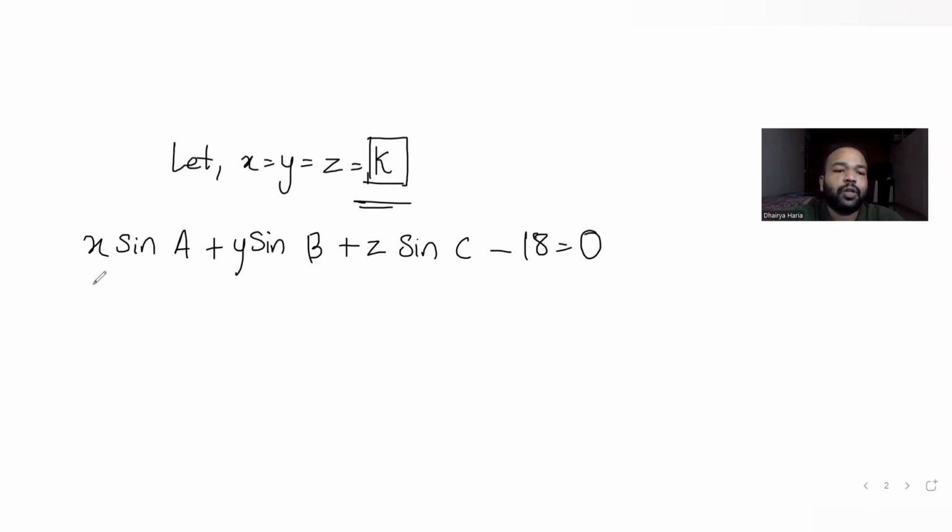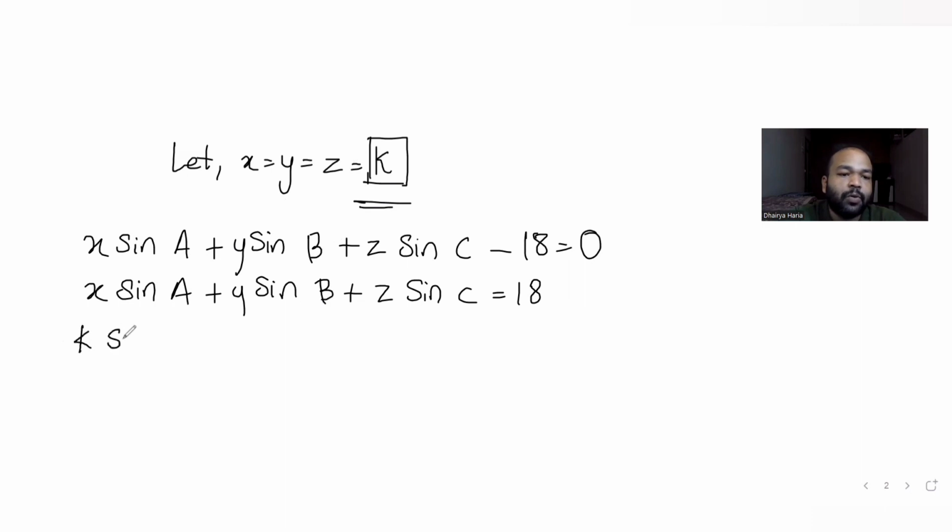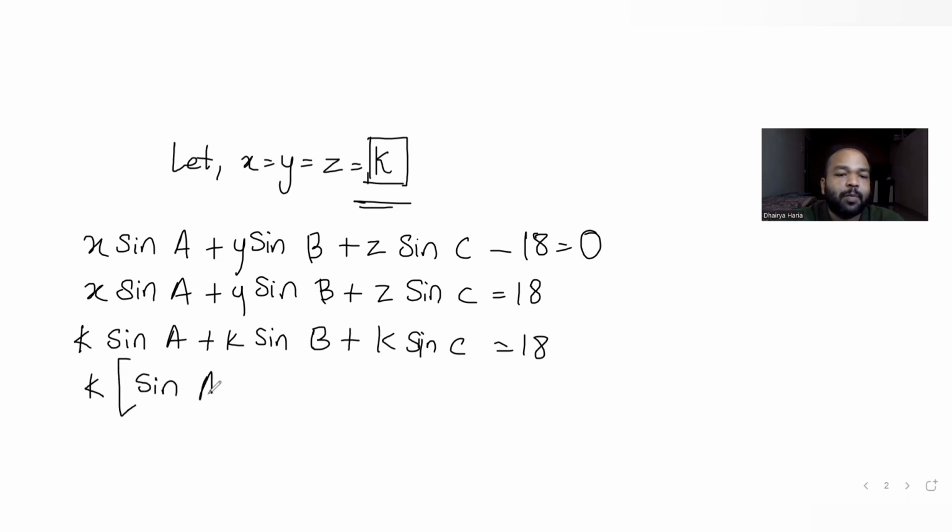So x sin A + y sin B + z sin C = 18. Putting everyone equal to k, I get k sin A + k sin B + k sin C = 18. Taking k common, sin A + sin B + sin C = 18/k. This is my first equation.